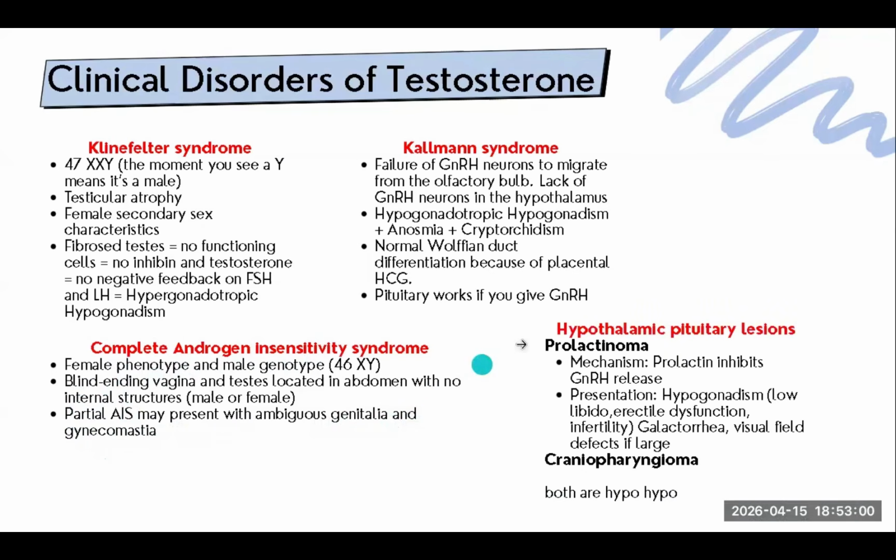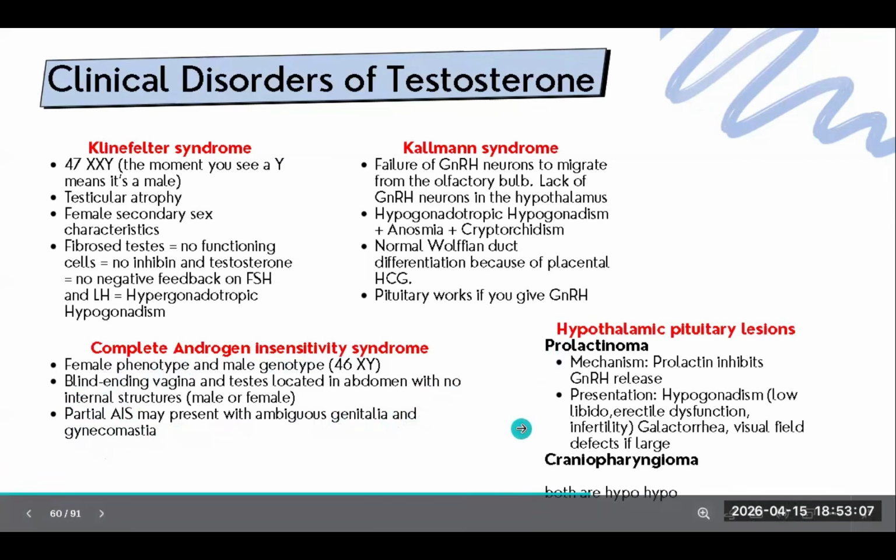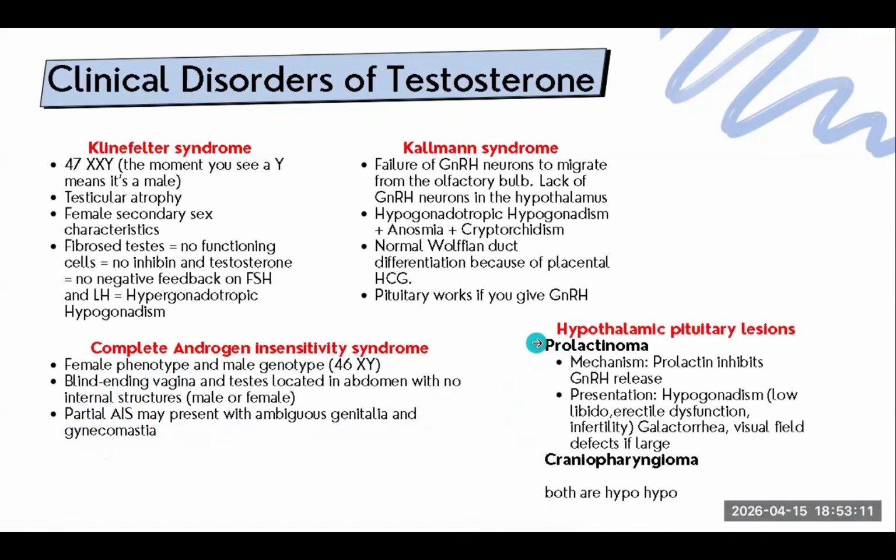And finally, we have two hypothalamic pituitary lesions. The first one is prolactinoma, second one is craniopharyngioma. In prolactinoma, the mechanism, prolactinoma simply means a prolactin secreting tumor. Okay? So this tumor is going to secrete so much prolactin. And this prolactin would inhibit GnRH release.